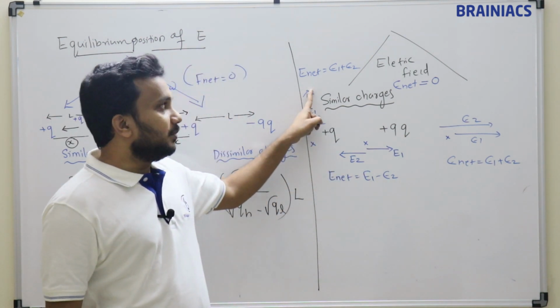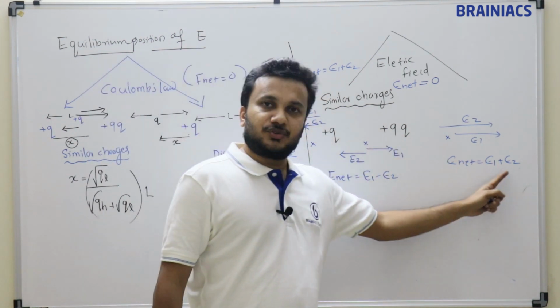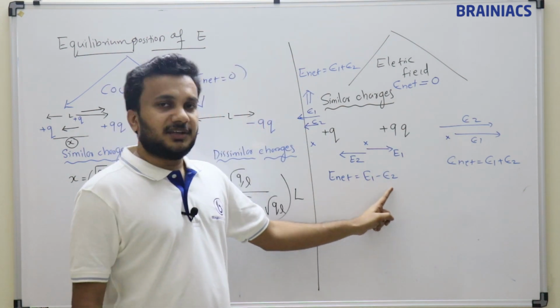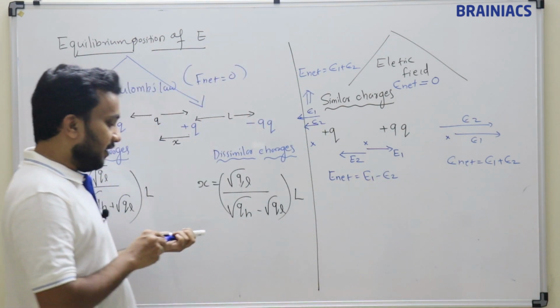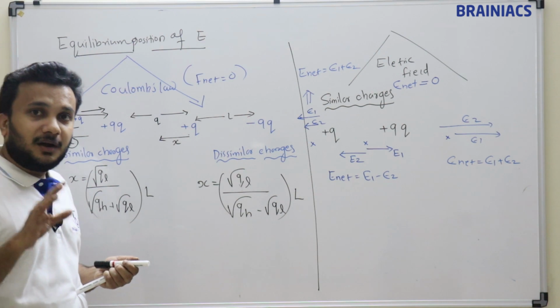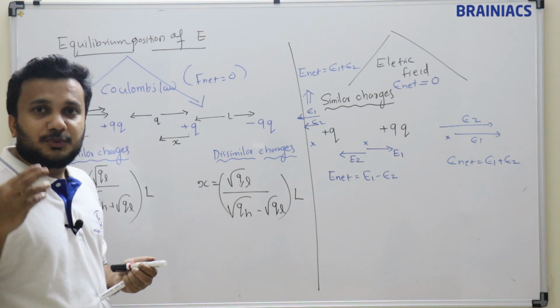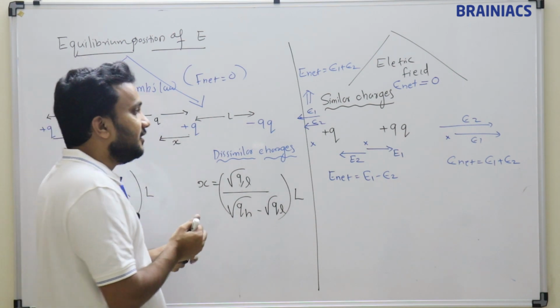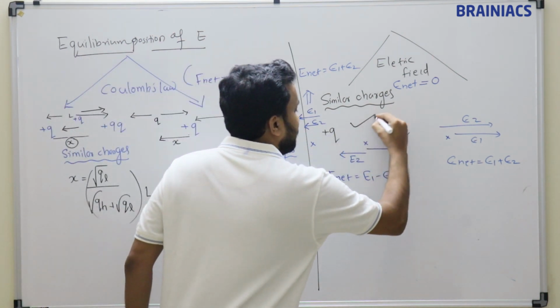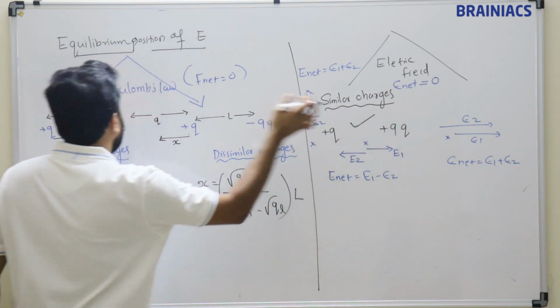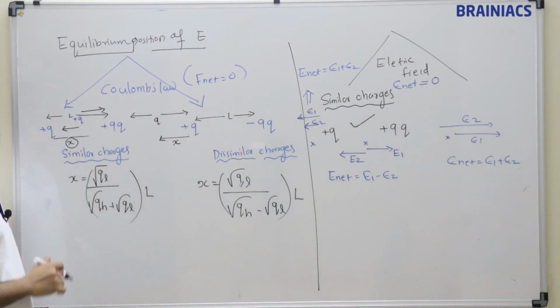So here it is 2 plus 2, 4 will come. Here it is 2 plus 2, 4 will come. But in the middle it is 2 minus 2, 0 will come. So the only point which can have an equilibrium position for electric field intensity is always the middle position, which means this is exactly the same as Coulomb's law.